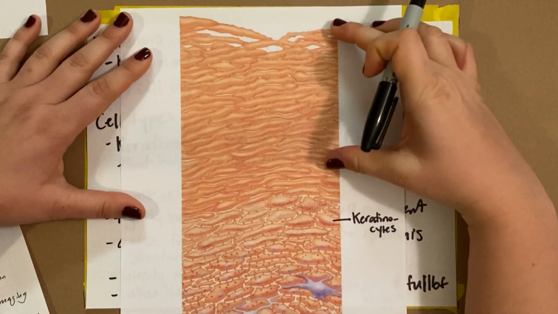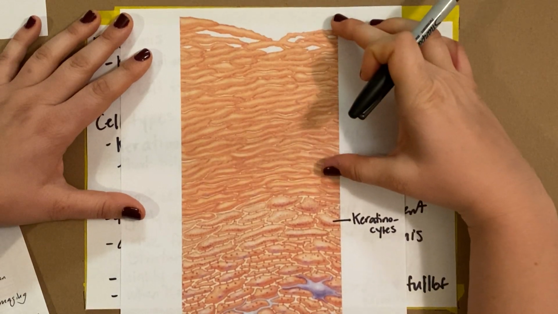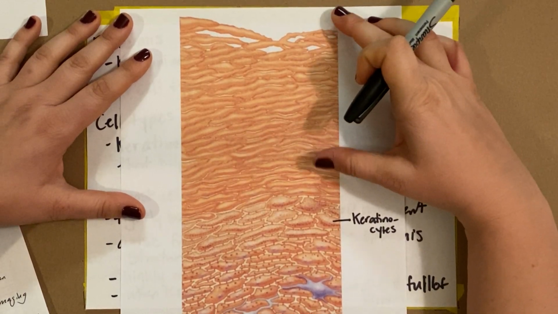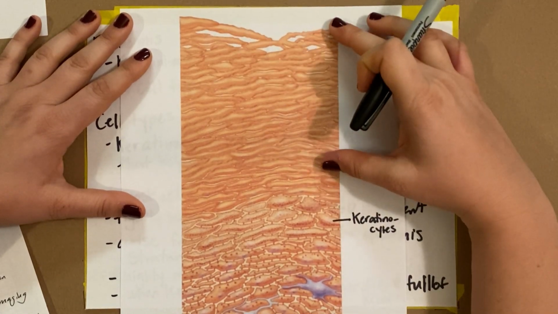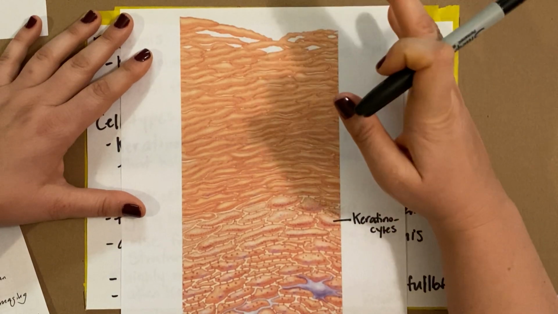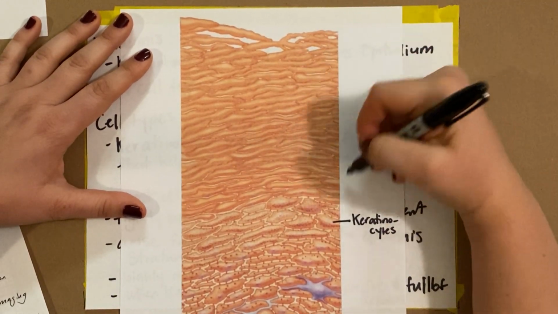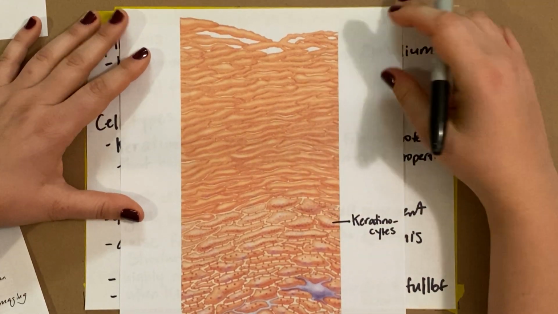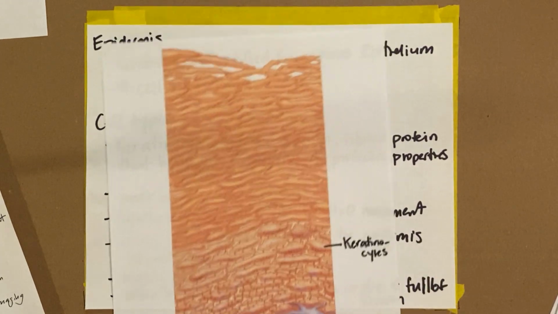Once we get to this area right here, you're going to notice that you stop seeing nuclei. These are basically all the dead layers of the keratinocytes. They are full of keratin at this point. They're dead. They don't have nuclei, and they will just flake off. So we lose a lot of skin during our lifetime. So again, all of these are going to be these keratin cells.